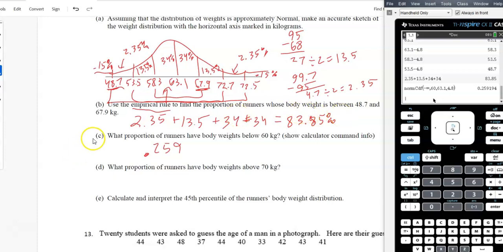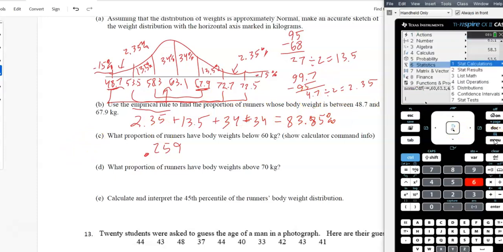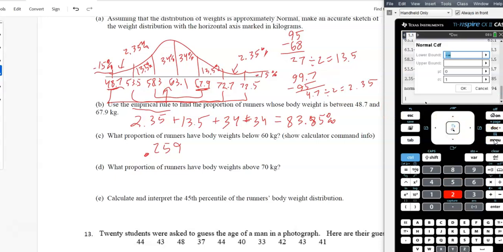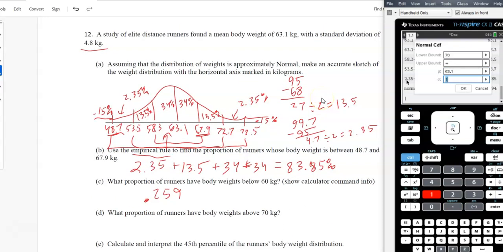What proportion of runners have weights above 70? So again, we're using norm CDF. So menu 652. In this case, the 70 is the lowest, right? The top mark is infinity. So if you hit the pi key and go over to infinity, and then the mean was 63.1. Standard deviation was 4.8.